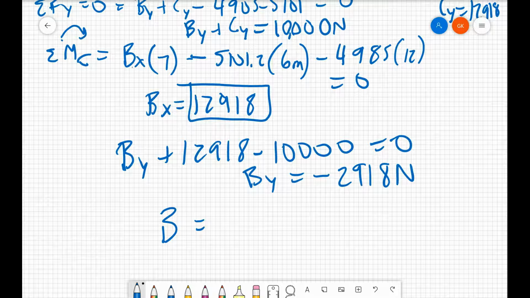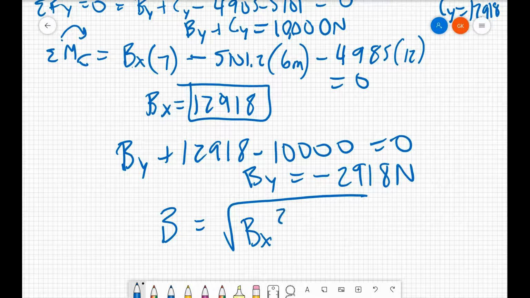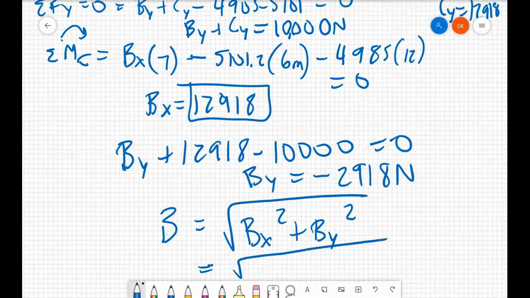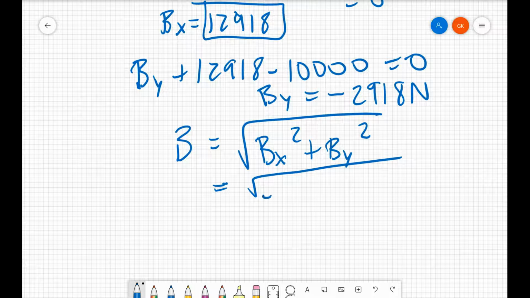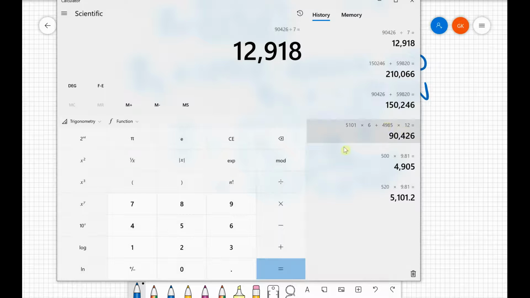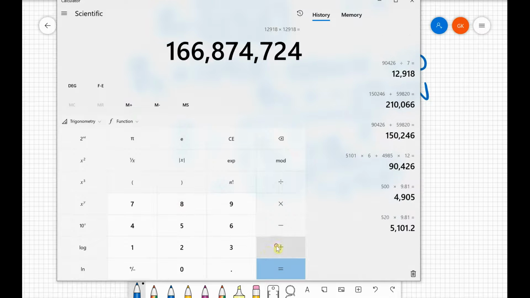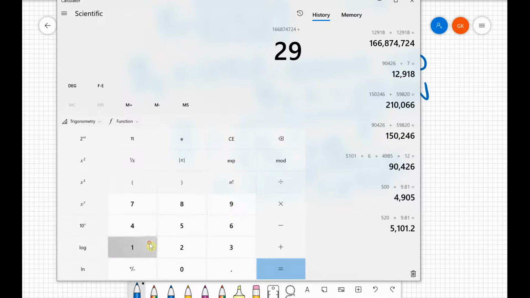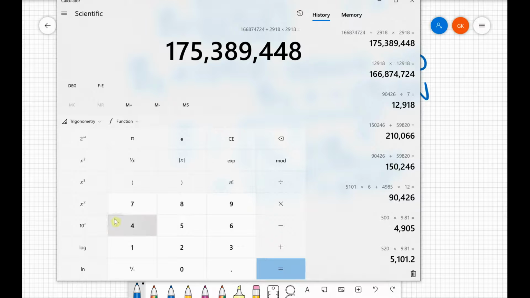So B would then be equal to the square root of Bx squared plus By squared, which is going to be equal to the square root of 2,918 squared plus 12,918 squared. Okay, and using my handy dandy calculator, which isn't always so handy dandy, I take that all to the square root.